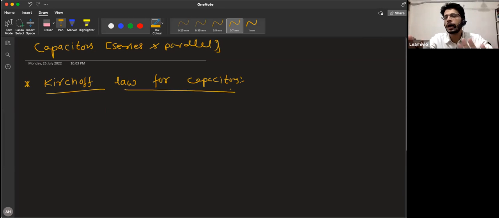These circuits are not discussed in NCERT, but yes, they can be asked in your JEE Mains exams. So just like Kirchhoff law for resistors, we have Kirchhoff law for capacitors.